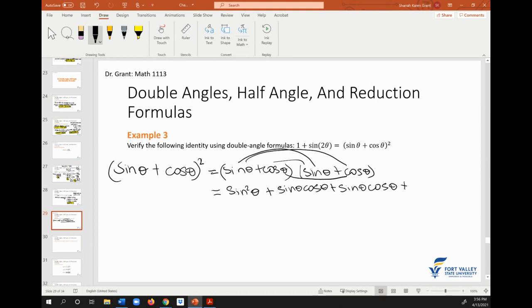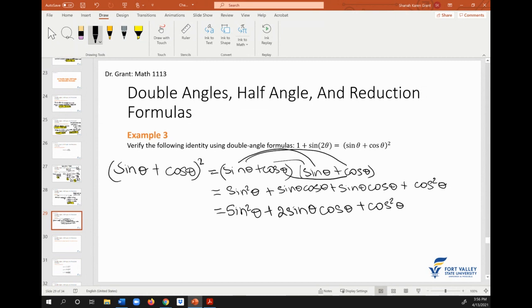And then we have cosine squared theta. So this becomes sine squared theta plus 2 sine theta cosine theta plus cosine squared theta.